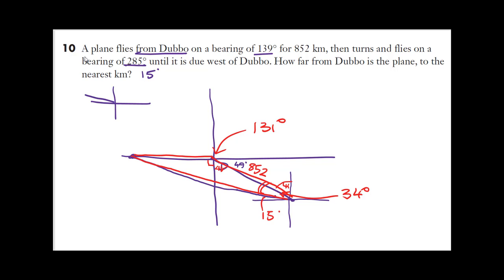So we've got 131, 34. If we need this, we could get it. What do they add up to? 165. So that's going to be 15 degrees. Funnily enough, it's going to be alternate to this one down here. We've got 852 there. How far from Dubbo is the plane? So we just want this. And again, that looks like a pretty straight up and down sine rule. X over sine 34 equals 852 over sine 15.